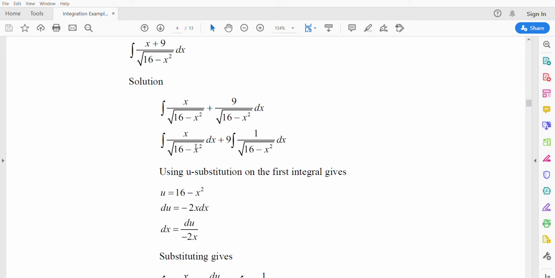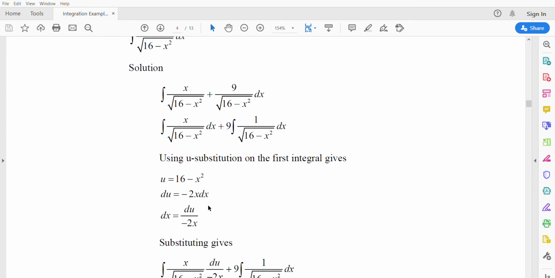So u is going to equal the stuff inside my square root, u equals 16 minus x squared. Then du is equal to negative 2x dx. Solving this gives me dx equals du over negative 2x.